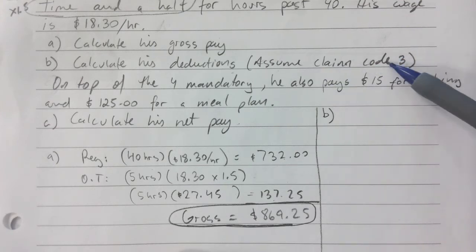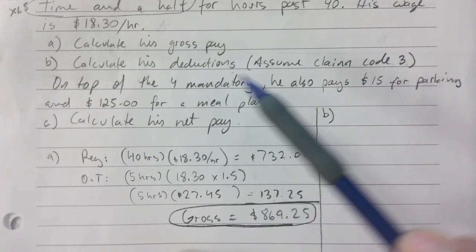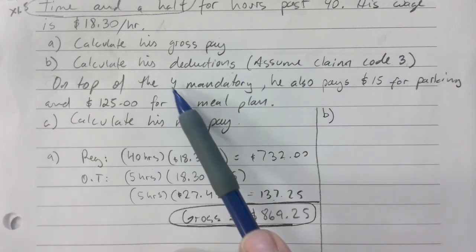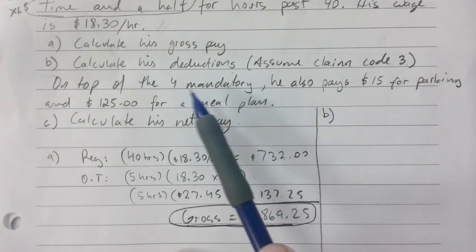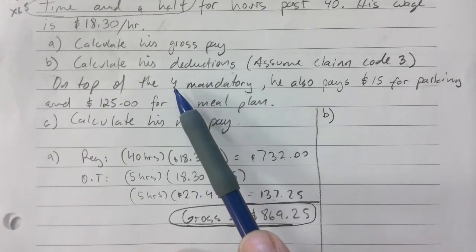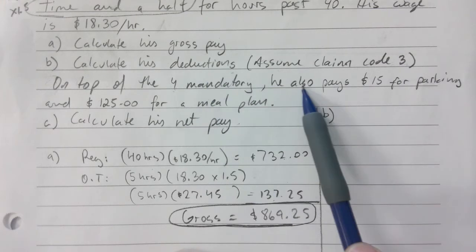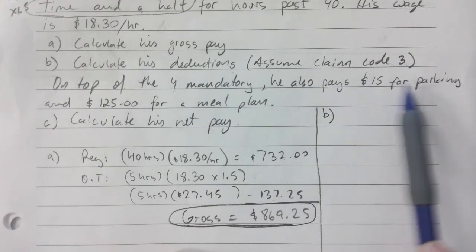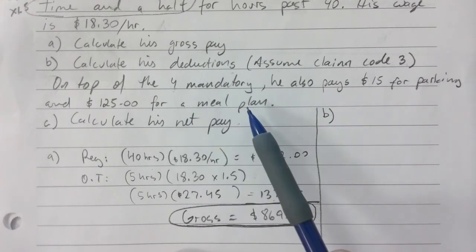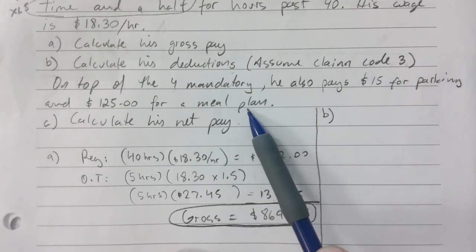But it says here, watch, on top of the 4 mandatory, right? That's your CPP, your EI, your federal tax, your provincial tax. He also pays $15 for parking and $125 for a meal plan that the company provides. So we're going to have to take that into account as well.